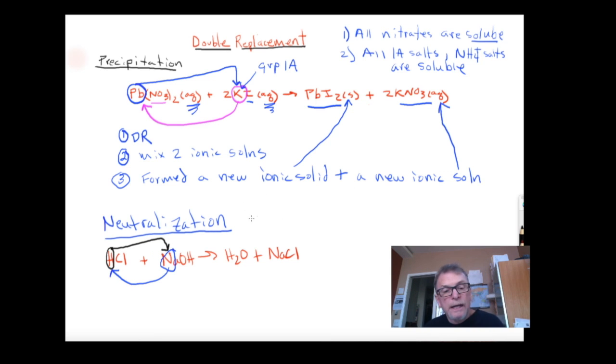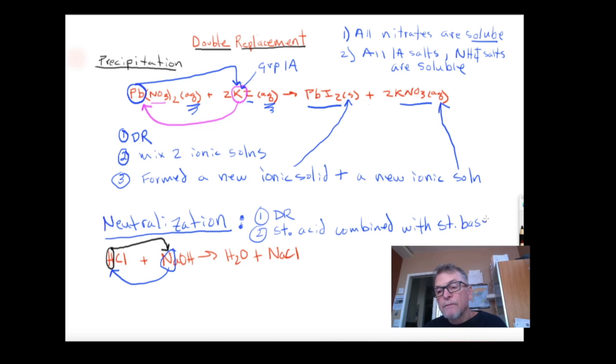All right. And remember, for the neutralizations, this was also a fairly complex definition. Number one, it has to be a double replacement, which we just went through the reason why that is the case. Number two, we have a strong acid that is combined with a strong base.